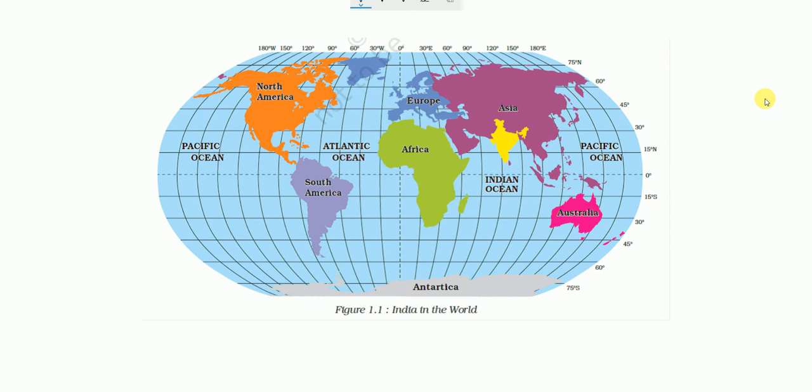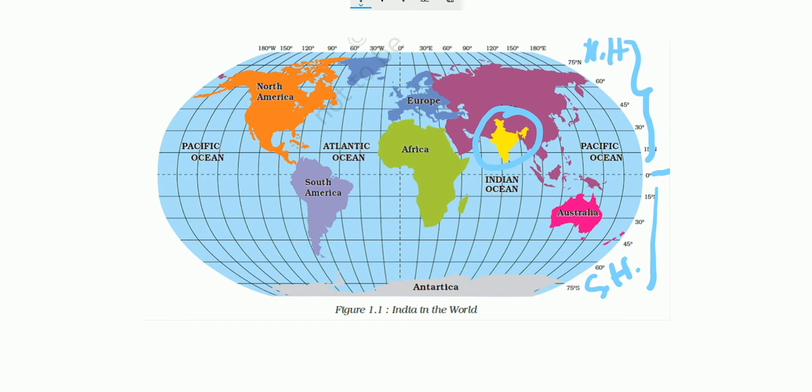It is taken from class 9 textbook, and see here we have equator here. This northern half is known as what? Northern hemisphere, right? And this southern half is known as southern hemisphere, and India is here. That means the whole India lies in the northern hemisphere.